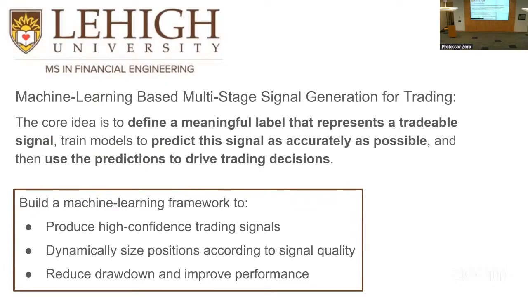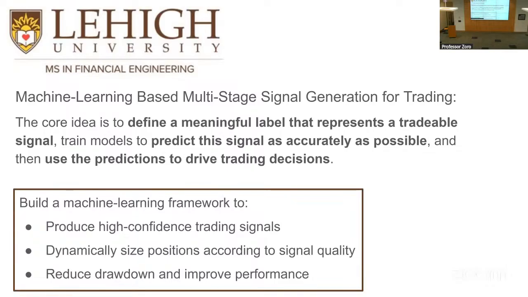The multi-stage machine learning model begins with the signal generation, which is our base model. Then we have our conformal prediction to confirm if the signal that has been predicted is truly the right signal.